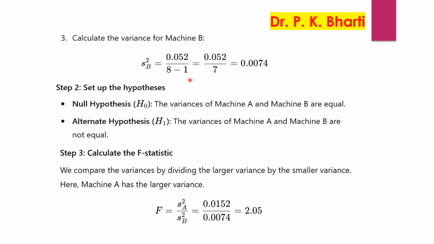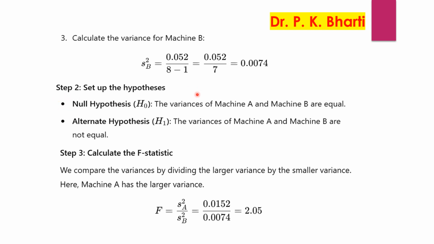Variance value can be calculated by summation xb minus xb bar whole square upon n minus 1. So that is 0.052 upon 8 minus 1, 0.0074. So this was the first step in which we have calculated the variance for both the samples, sx square, sy square, or sa square, sb square.